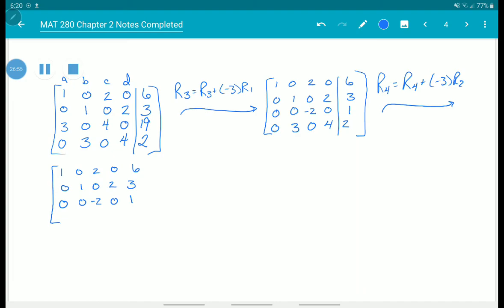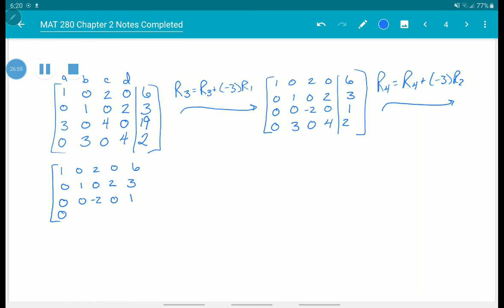So we have 0 plus -3 times 0 is 0. 3 plus -3 times 1 is 0. 0 plus -3 times 0 is 0. 4 plus -3 times 2. And then 2 plus -3 times 3.